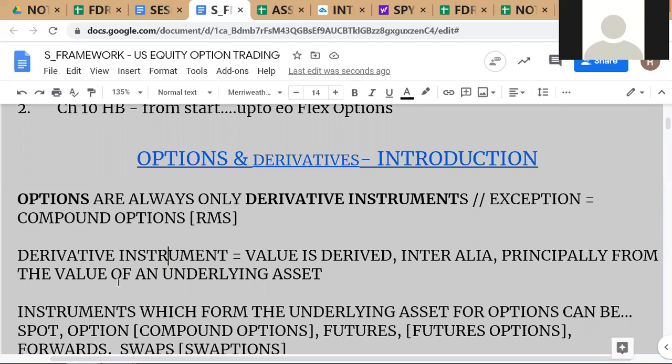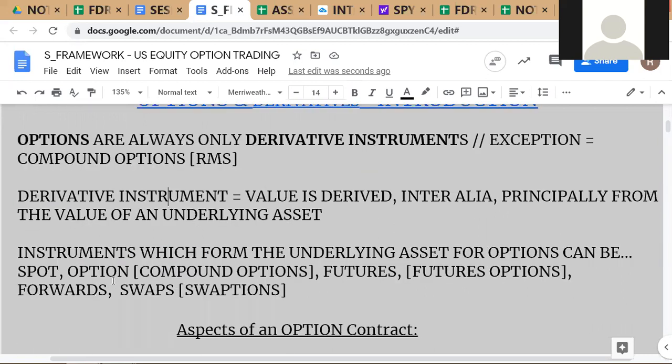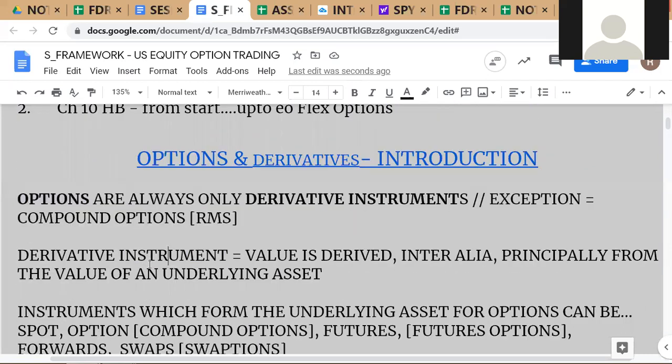So what is a derivative instrument? A definition that I've given you here, you will not find in other places. Usually in other places, the definition that is given is that the value is derived from the value of an underlying asset. I have added two important terms here.